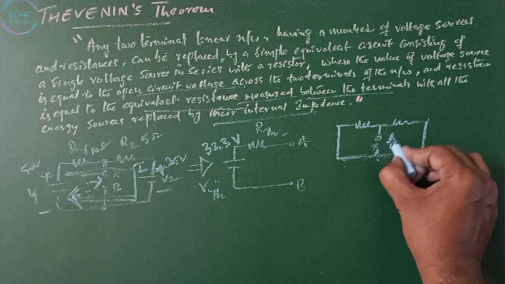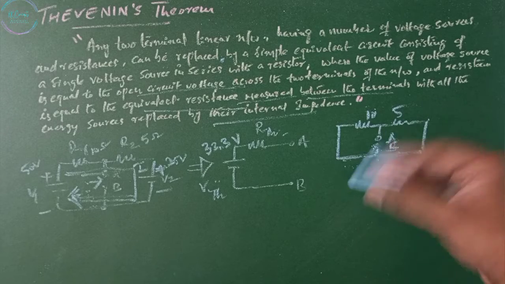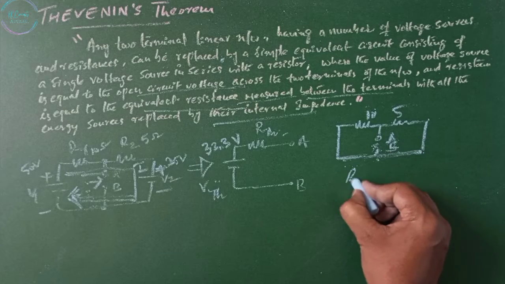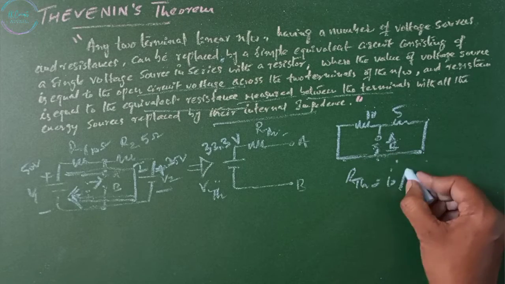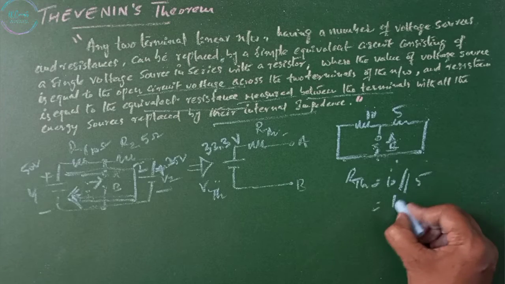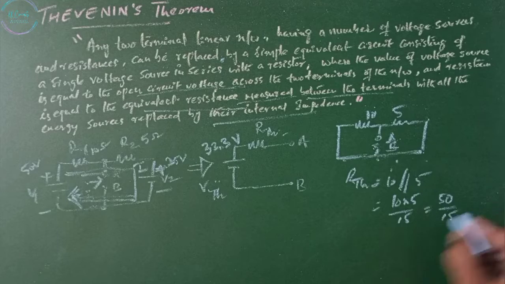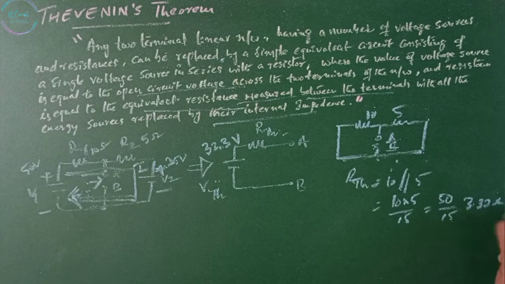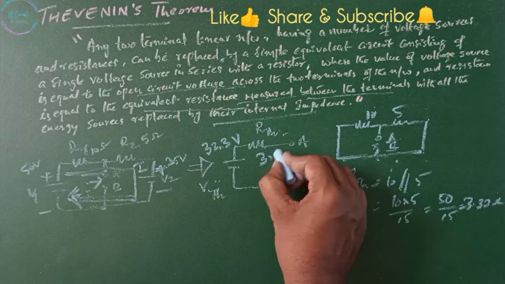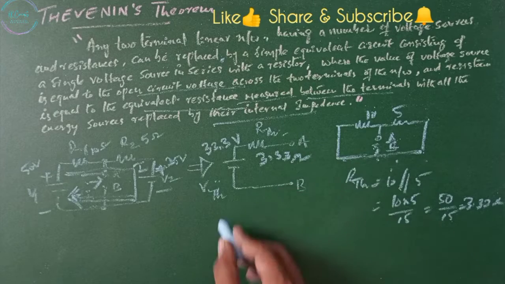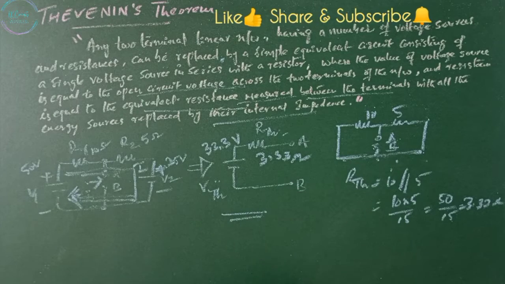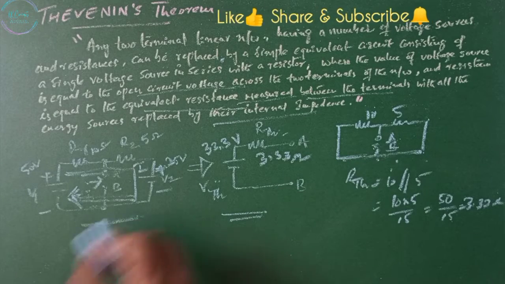These are points A and B, 10 ohms and 5 ohms, both are in parallel. So RTH equals 10 ohms in parallel with 5 ohms. Then 10 into 5 by 15, which equals 50 by 15, 3.33 ohms. This is our Thevenin's equivalent circuit for this circuit.